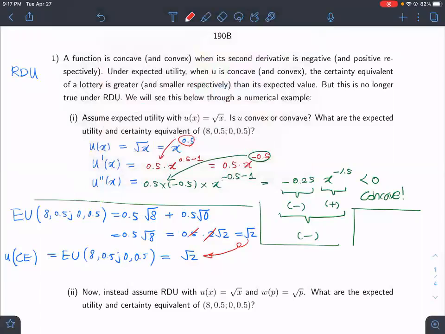So CE, let me use color red. U of CE is just square root of CE. It should equal square root of 2, so CE should be 2. Just a side note is that it makes sense. Why?